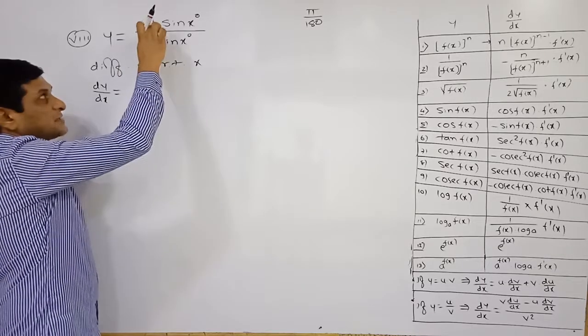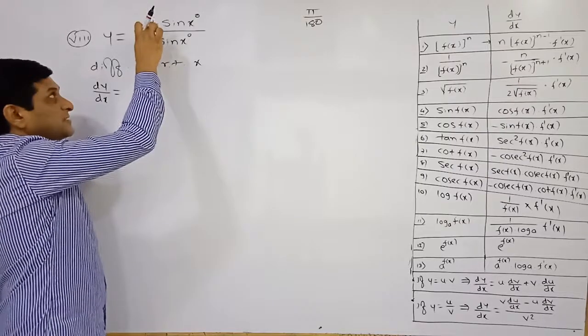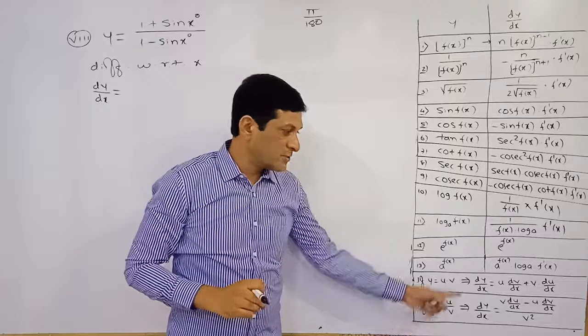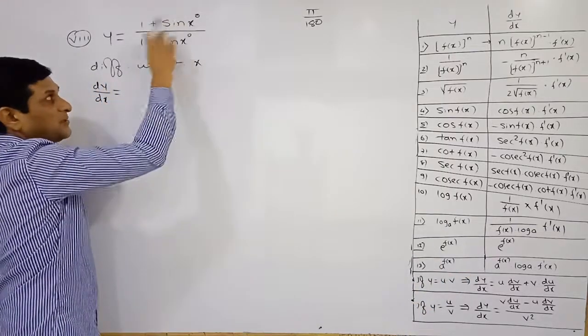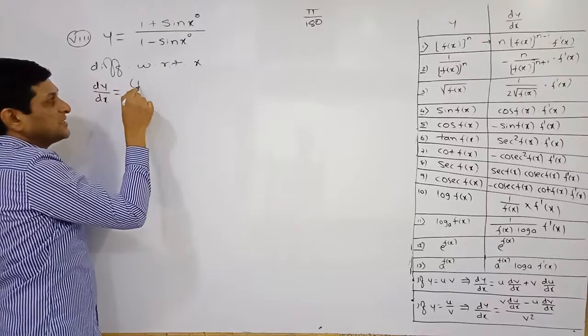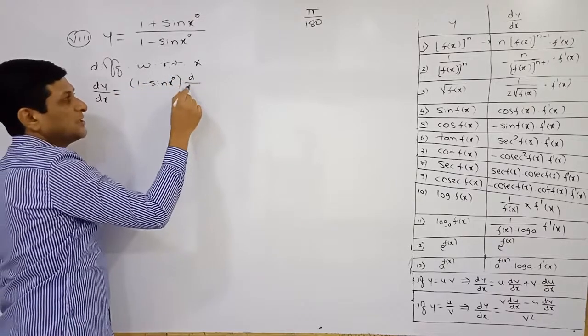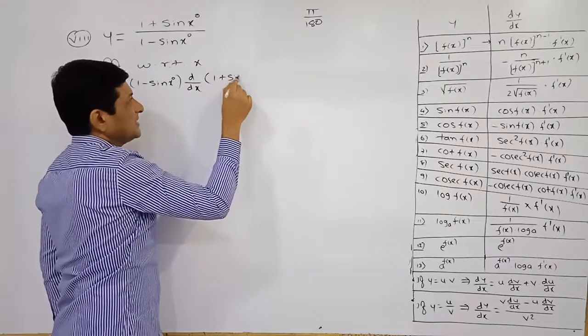So as I said, we are solving this example applying the quotient rule, meaning the example is in the form of u upon v. According to this rule, first keep v as it is. This is u and this will be your v. Keep v as it is, meaning 1 minus sin x degree as it is, into the derivative of u. What is u here? 1 plus sin x degree.